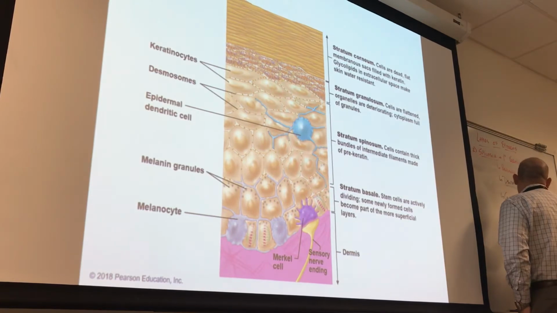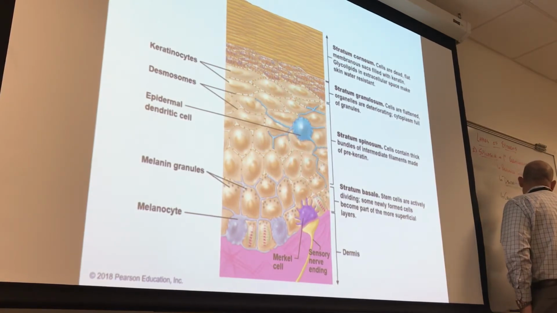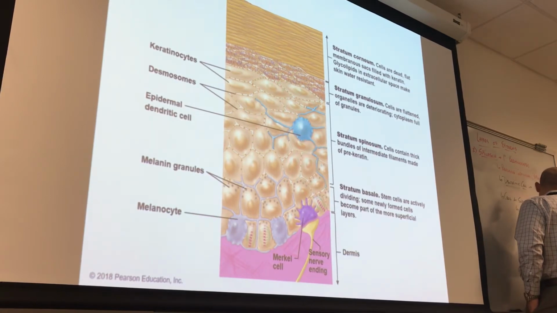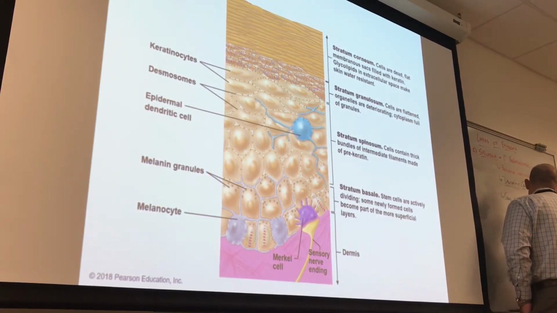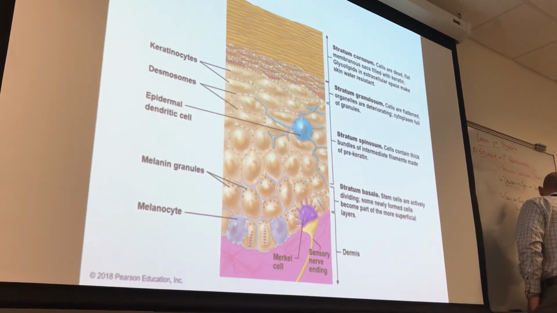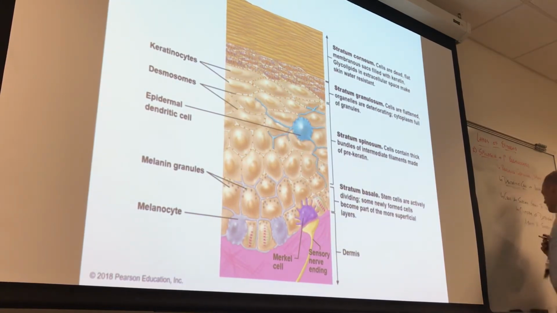And this is because they're outside of diffusion's ability to supply them with the ample amounts of oxygen and nutrients that they need to thrive.